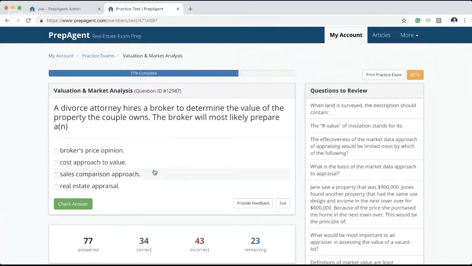A divorce attorney hires a broker to determine the value of the property the couple owns. The broker will most likely prepare an A, broker's price opinion, B, cost approach to value, C, sales comparison approach, or D, real estate appraisal? What do you guys think?